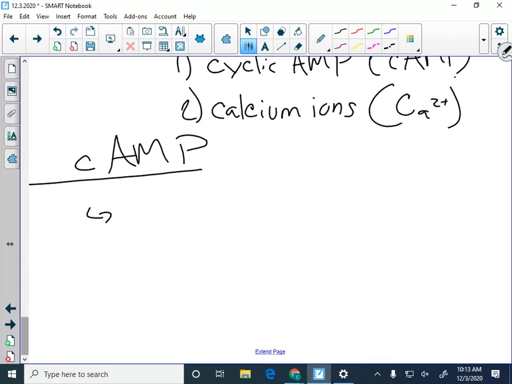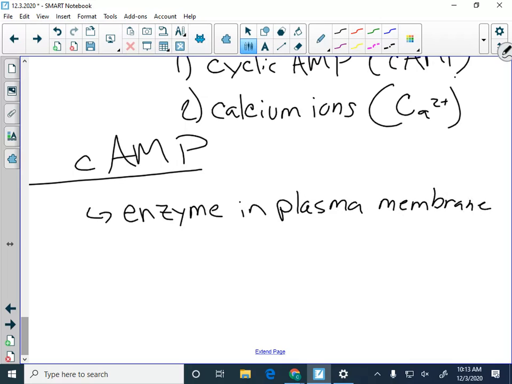It is formed by an enzyme embedded in the plasma membrane. So, enzyme in plasma membrane will convert ATP to cyclic AMP in response to an extracellular signal.